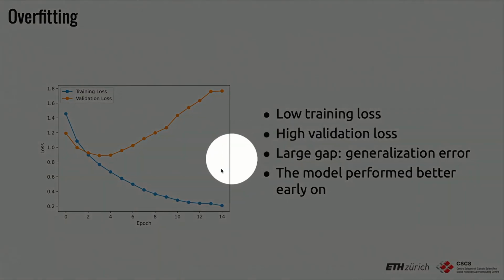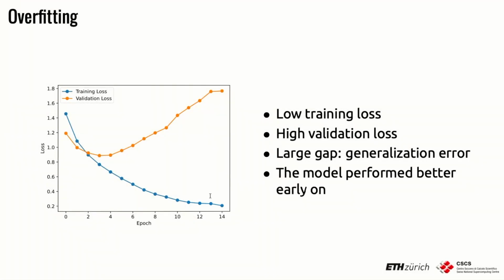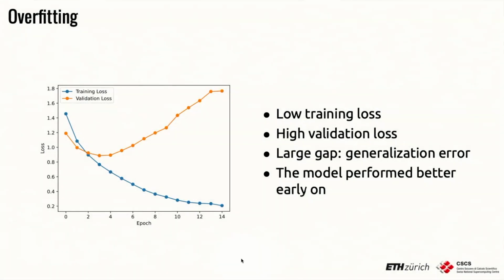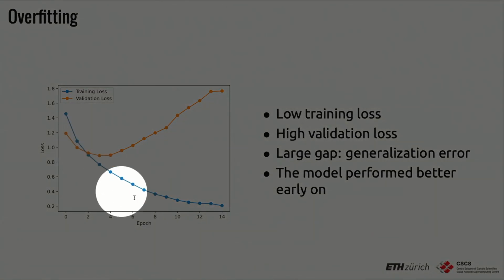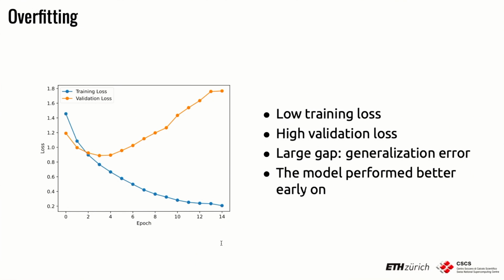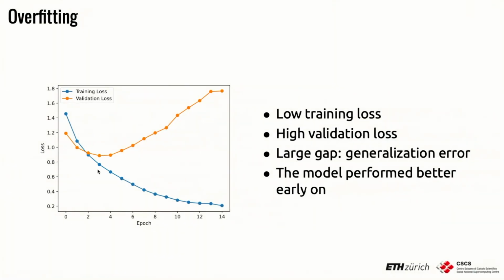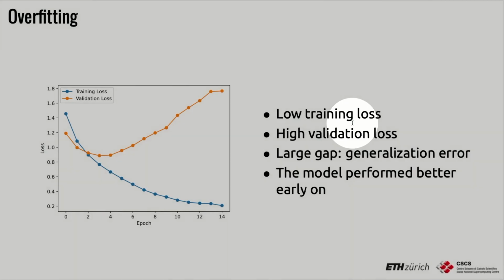And when you train a deep learning model, you can look at the training loss and the validation loss. And usually you have overfitting when you have this divergence, because the model becomes better and better and better on the training set, but then it doesn't generalize to unseen data. And this gap between the two is called the generalization error.